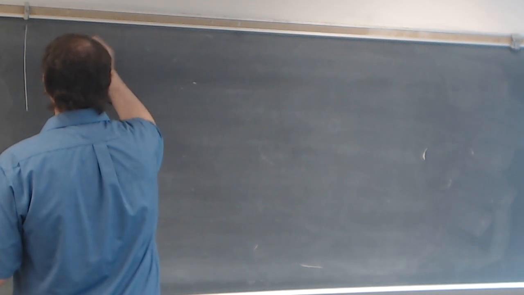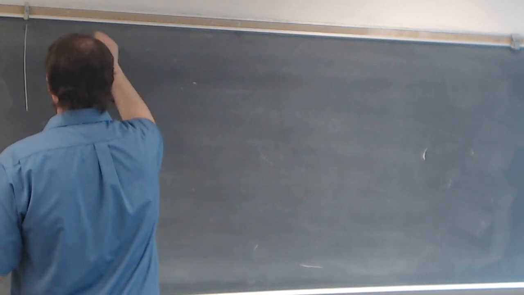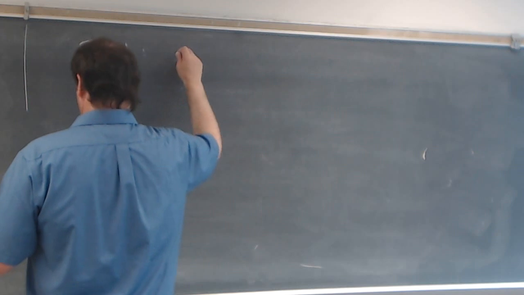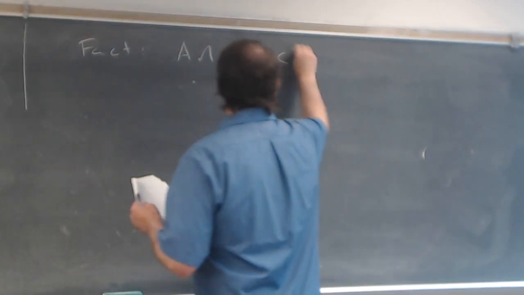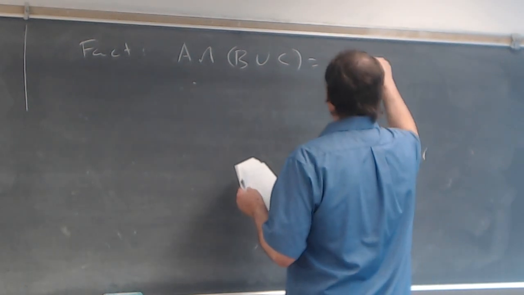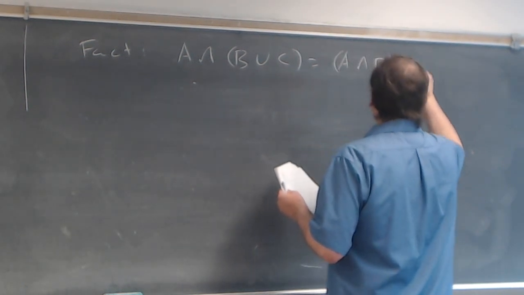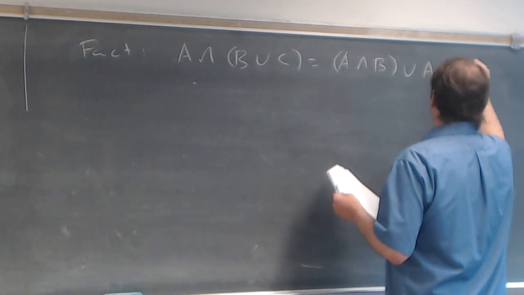Okay? So, symbolically, here's the statement again. In fact, it's the same one. I'm not putting up anything new. A intersect B union C is equal to A intersect B union A intersect C.